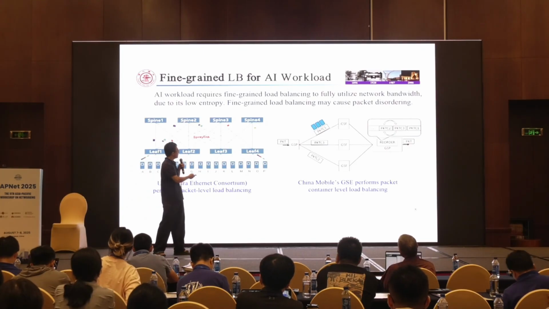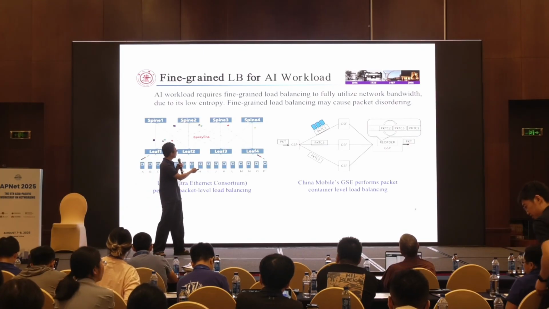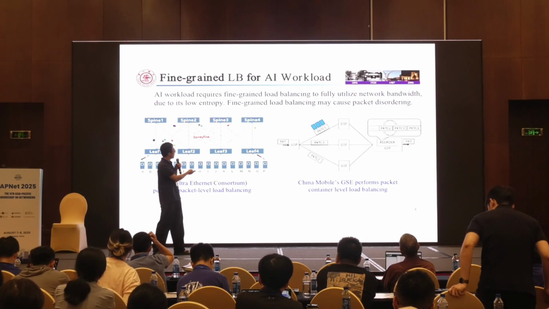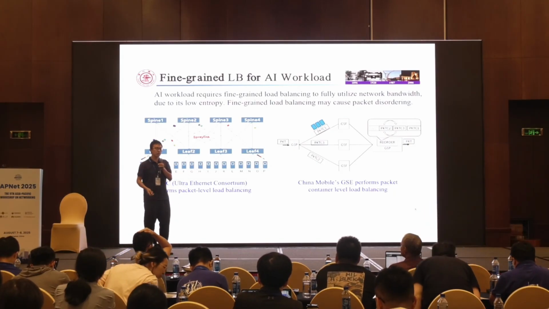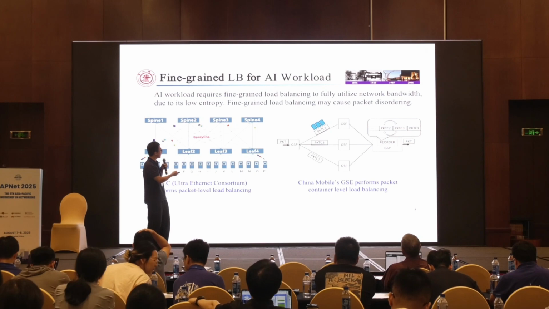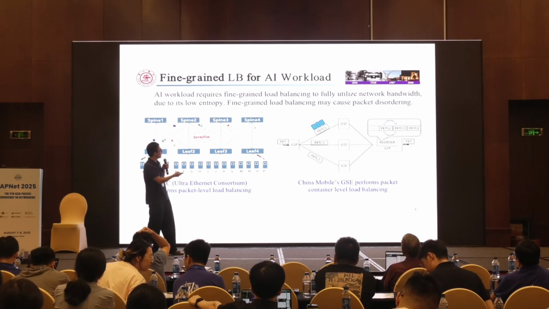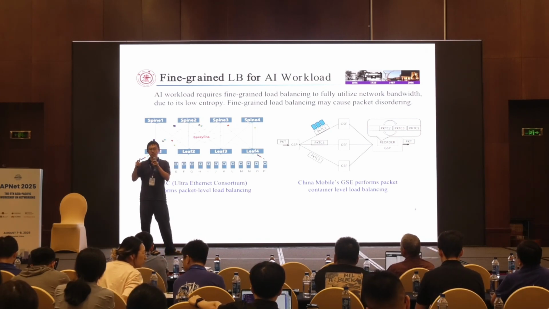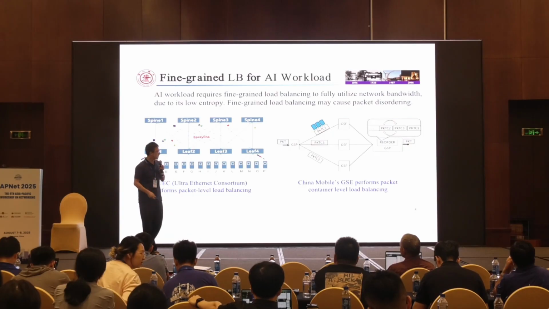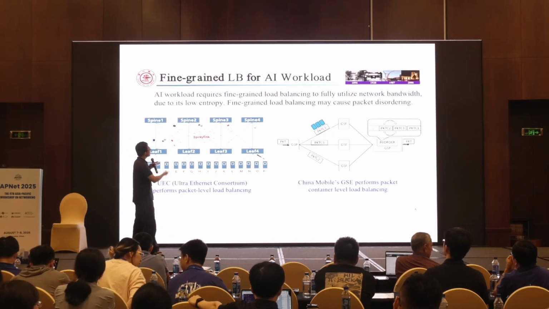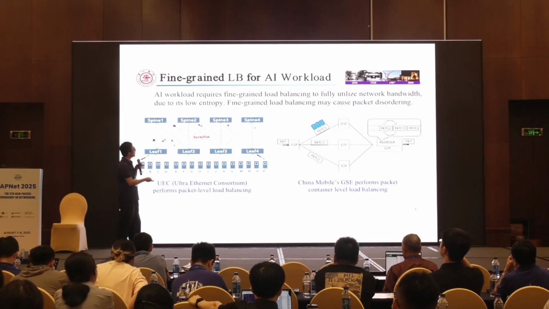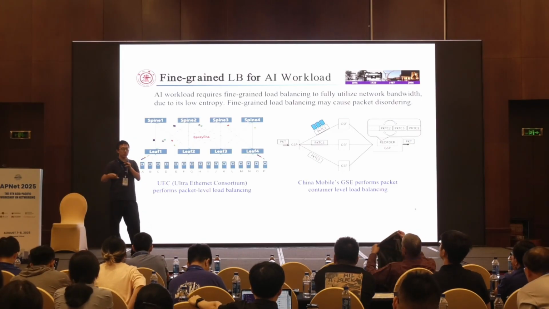And China Mobile proposed GSE, which has a different granularity for load balancing. It performs packet container level load balancing. Each packet container contains multiple packets. Anyway, this fine-grained load balancing may cause packet disordering.